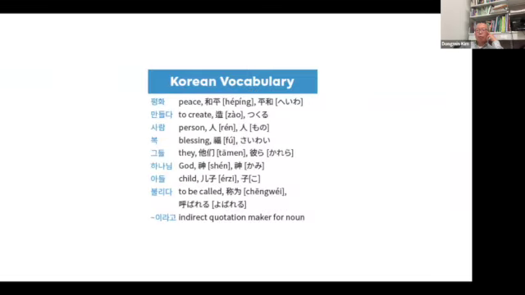In terms of Korean vocabulary, I'd like to point out the final one, 이라고, an indirect quotation marker for nouns. So when you quote a noun in Korean indirectly, you use 이라고, which is introduced later.